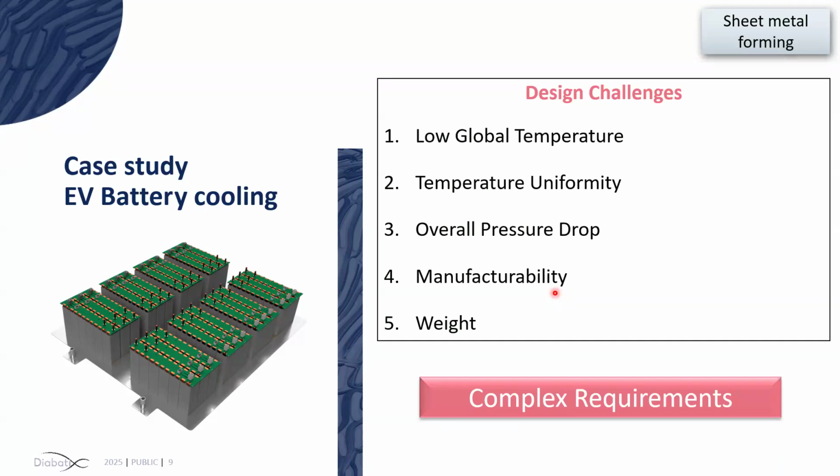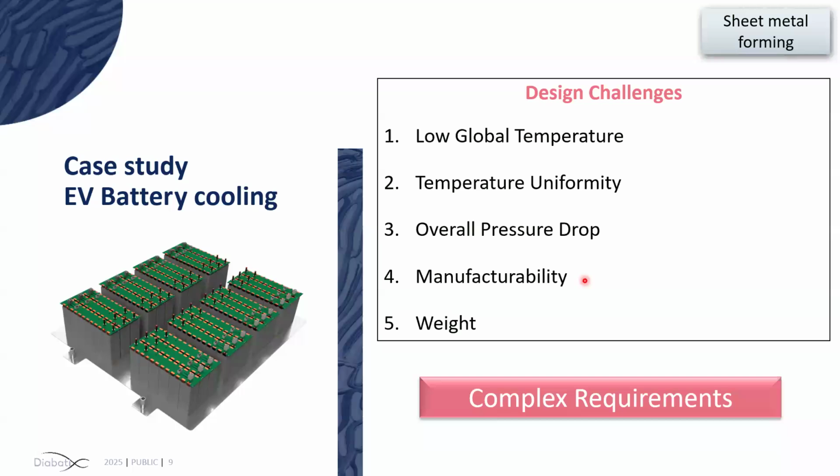The third challenge was the pressure drop minimization objective, but we put a hard target on the pressure drop, and we mentioned that the design should not exceed a pressure drop above a threshold value. And then the manufacturability. For this case, we just made sure that the manufacturability is done with sheet metal forming.